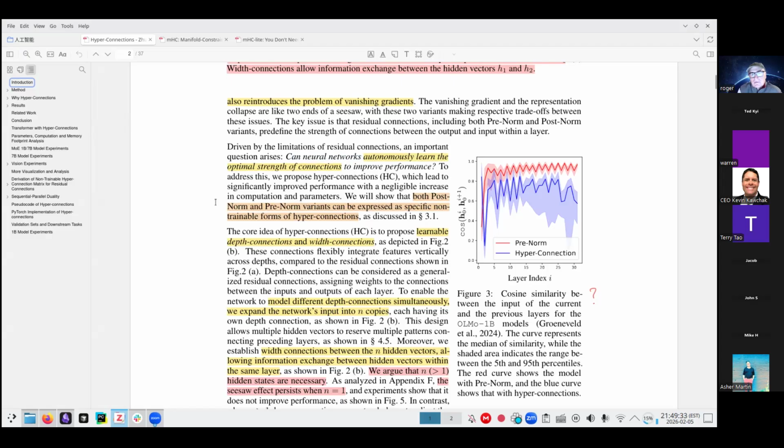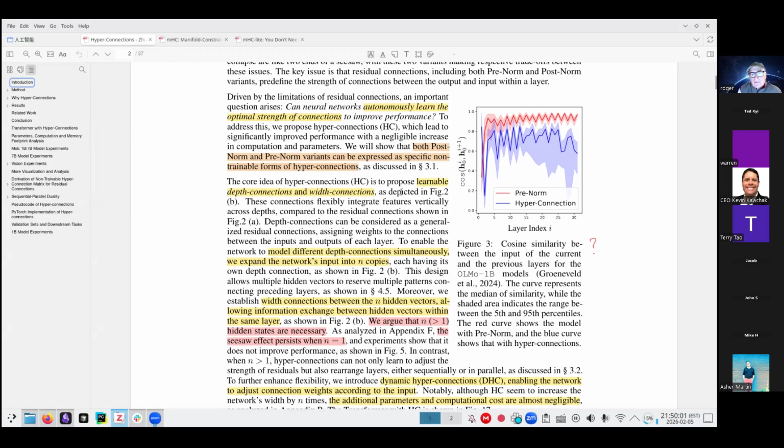In this paper they say yes, you can have a mix of pre-norm and post-norm by using hyperconnections. Pre-norm and post-norm can actually be expressed by hyperconnections with some special parameters. It's a learnable depth connection.